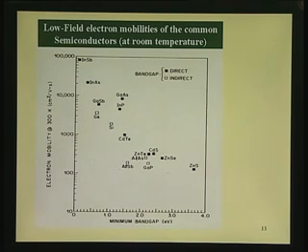Okay. Now, you see you have got the entire range of devices. On the y axis, you have the electron mobility at 300 degrees Kelvin. Okay.